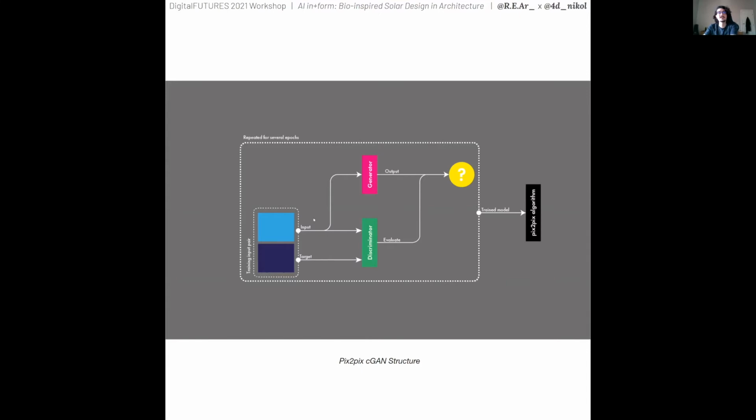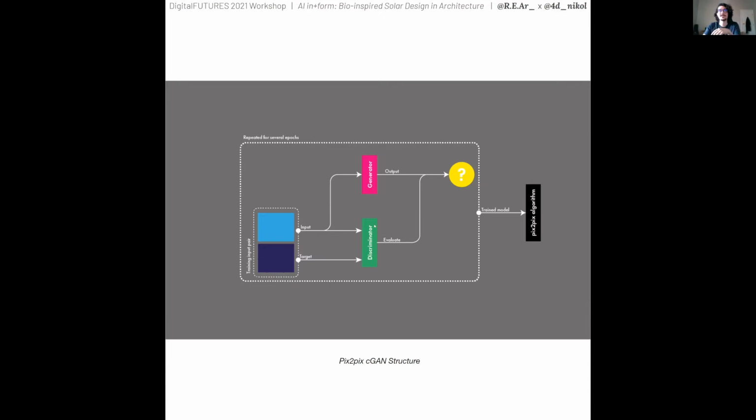What happens is, when you show the input to the generator, it uses all of the connections, all of the nodes that I've shown you before, to try to generate something, right? For the discriminator, you show it two images, and you tell it: if this is the input, this other one is the expected target, the expected output. So it learns when an image is an actual good image, a true image, or when it is false, having been generated by the generator.